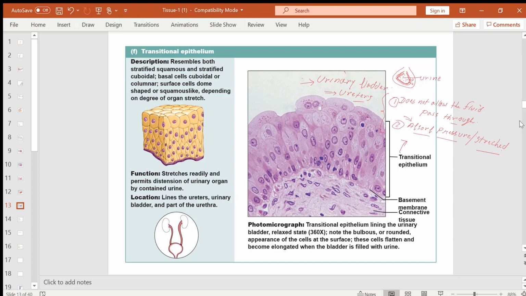When the urinary bladder is empty, squeezed or small, the cells get more like columnar, tall. So having these two properties of the transitional epithelium really helps by preventing the urine from going back to the body and getting stressed when the pressure increases.